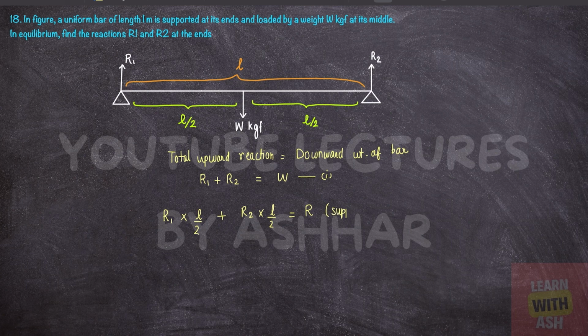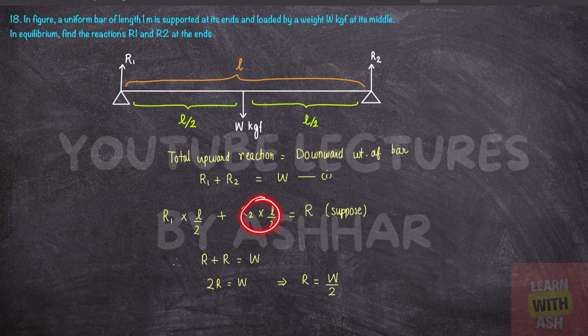I can suppose this. So if I can suppose in this manner, I can directly write therefore R plus R is equals to W. So 2R is equivalent to W. So now I can say that for a single R it is W upon 2.